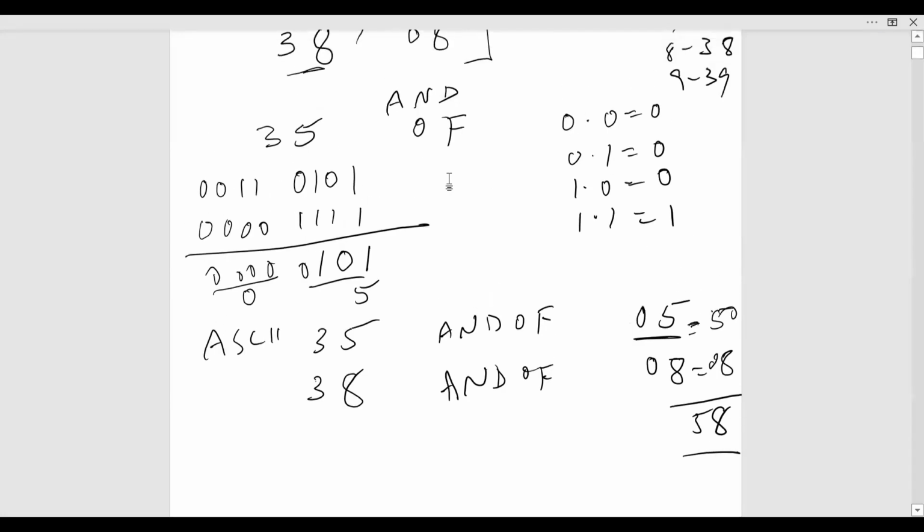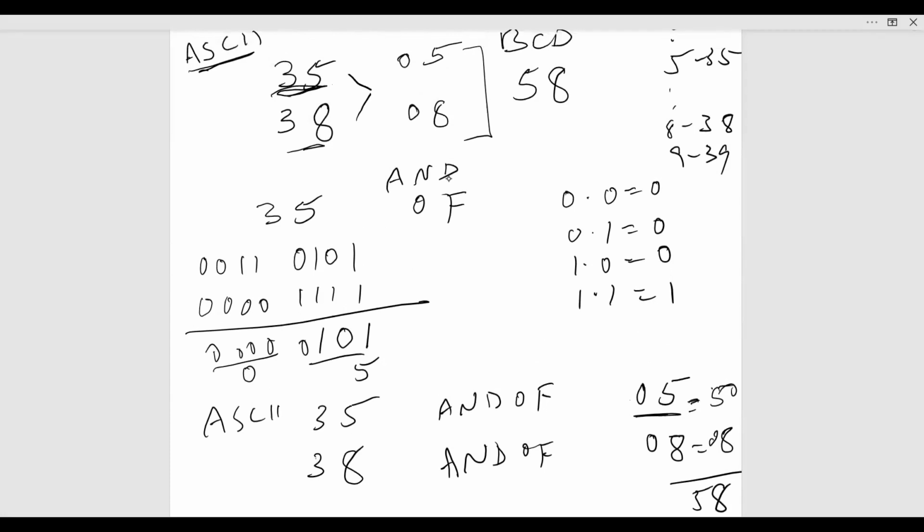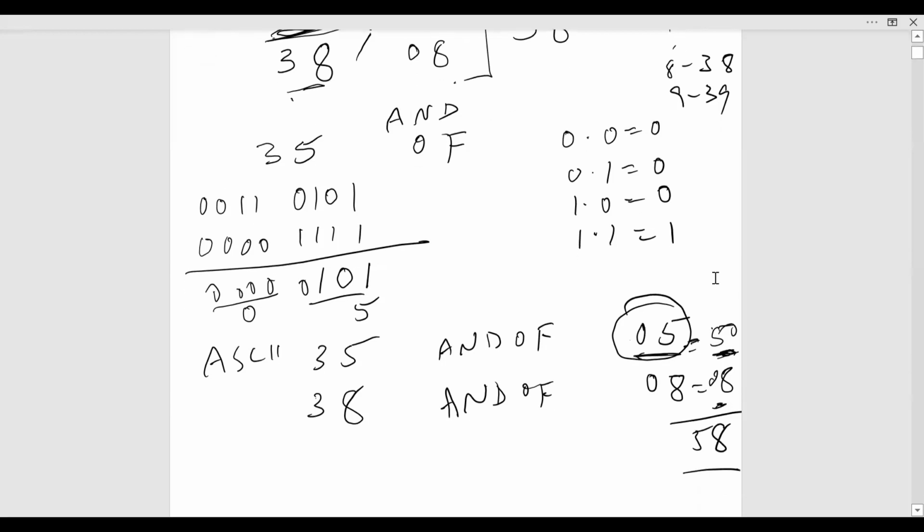So the first step is to get the equivalent of 35, that is 05 BCD, and of 38, 08. And then after that, we have to rotate left the binary equivalent of this number to get 50. So 05 we must make into 50 and add 08 to get the BCD number 58.